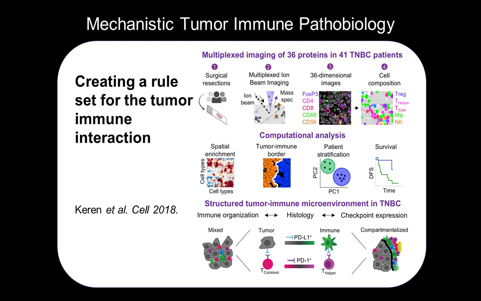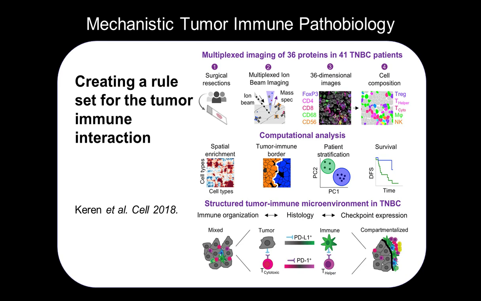In this particular study, we looked at a couple of fields of view across a large number of patients, and the goal was to build up a rule set around the tumor immune microenvironment, to see if anything about tumor immunology might relate to disease stratification.